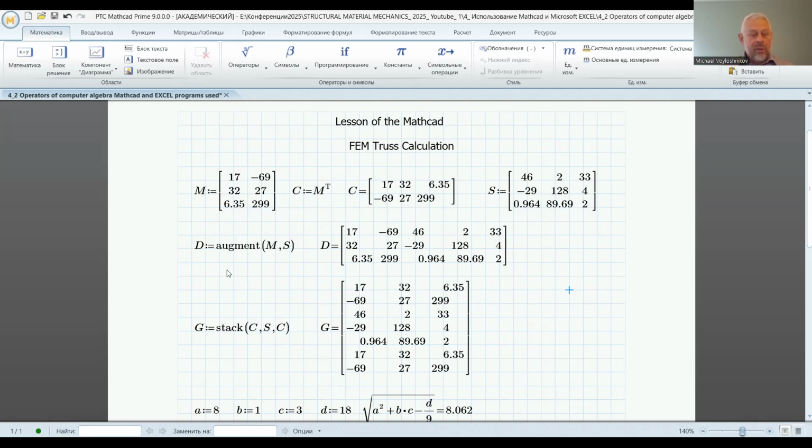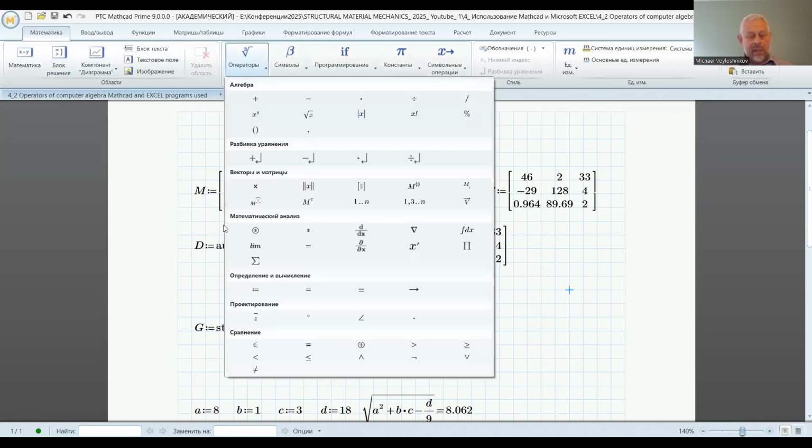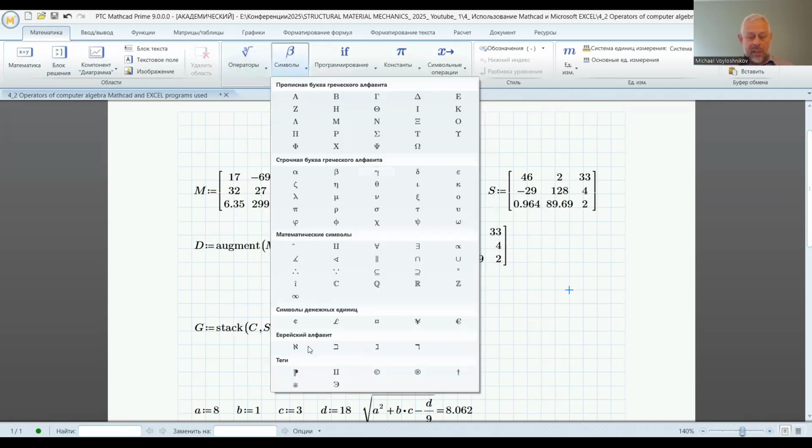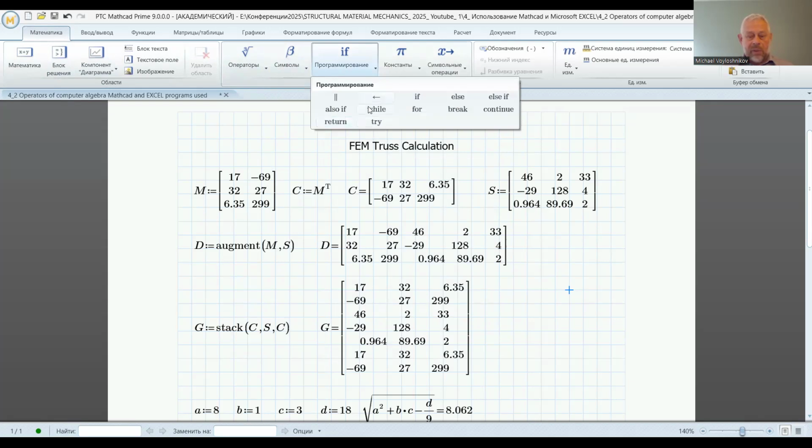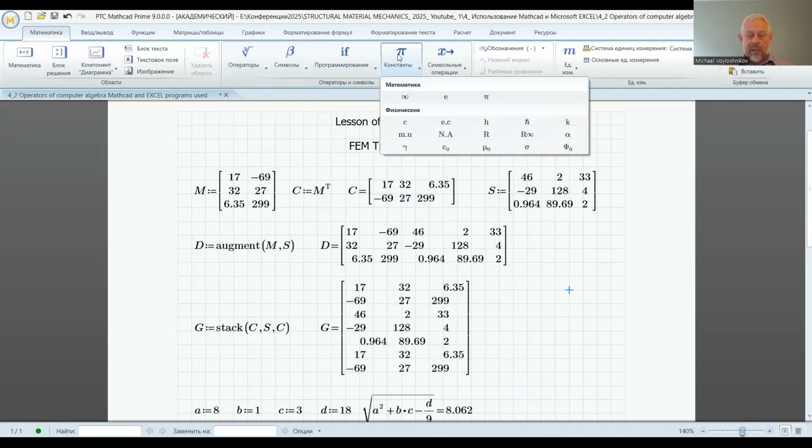So first of all, let's consider the panel of Mathcad. The panel here has the sign mathematics, for example, the operators. Operators, here we have the panel of the operator. Symbols, we can use the Greek alphabet. The programming, we can do the cyclical algorithm, non-linear as well. Constants like pi, other constants, E, Euler constant, Pythagorean constant.